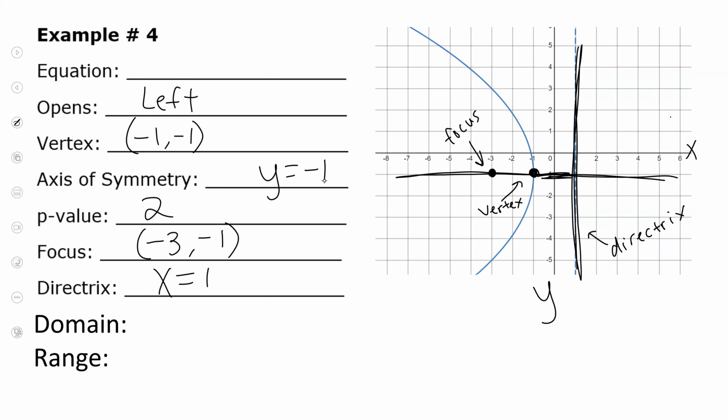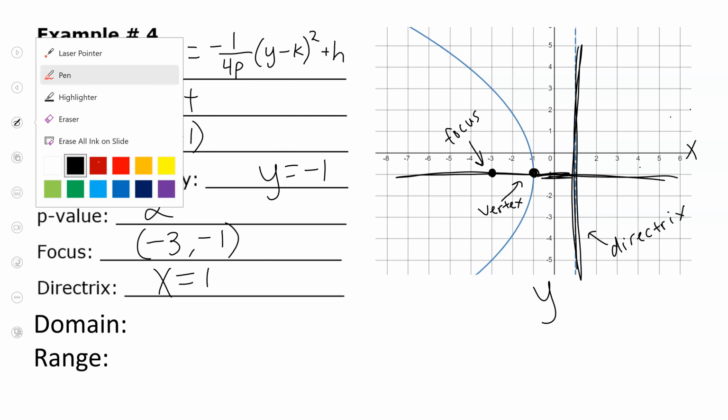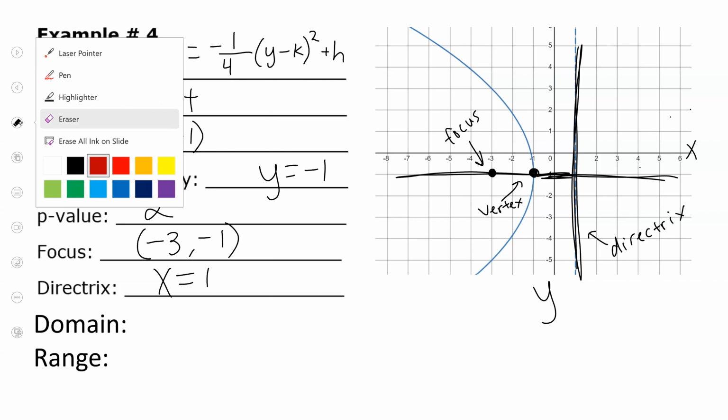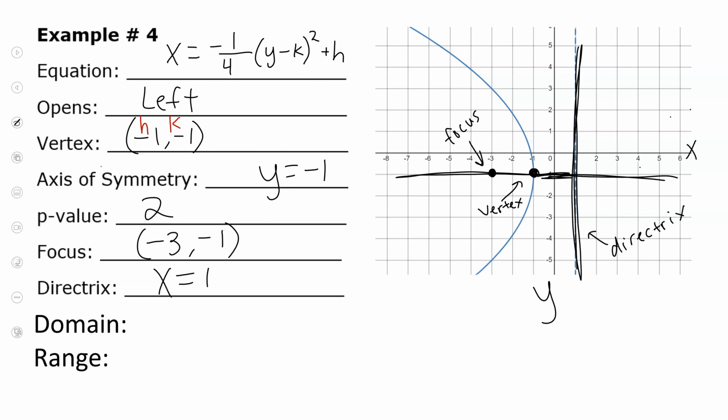Now you just write the equation. It's facing the left, so this will be my equation: x equals -1/4p (y minus k) squared plus h. All right. And guys, remember, this is h and this is k. So I'm going to erase all of this information. My p-value is 2.